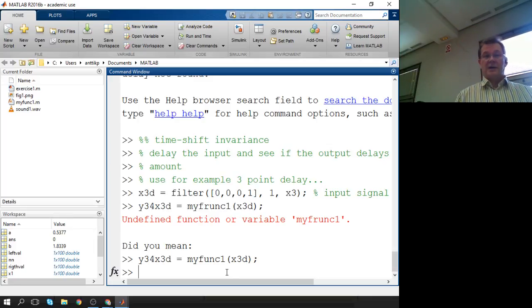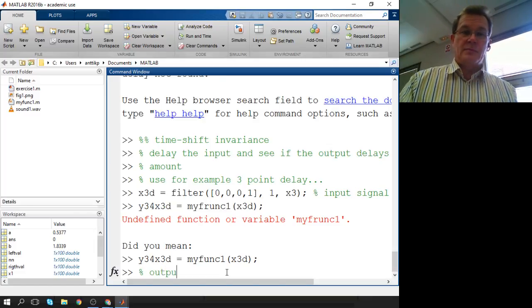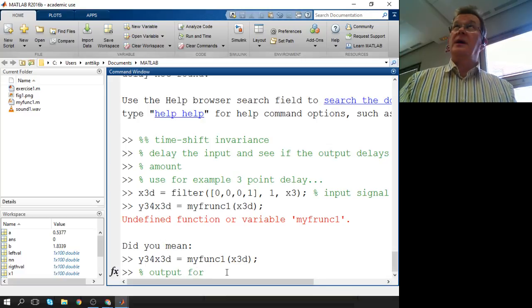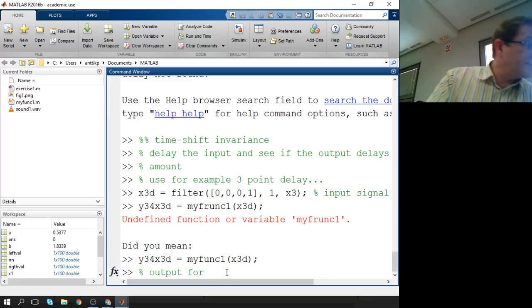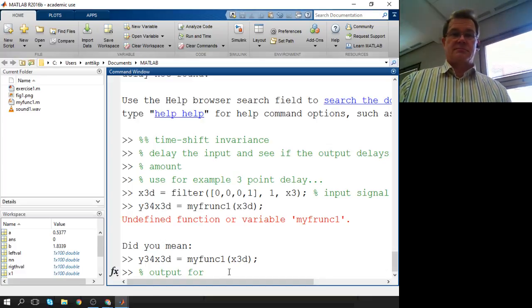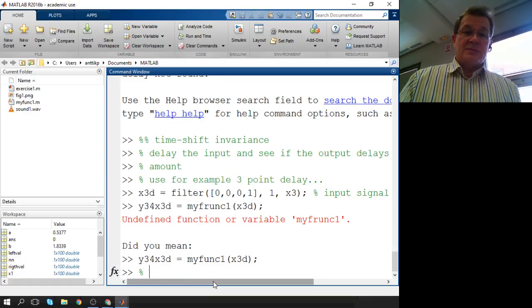Then we calculate the output without the delay and delay that output. Then the X3, we have already calculated that one, so it was the Y3, right? Okay, let me make it this.